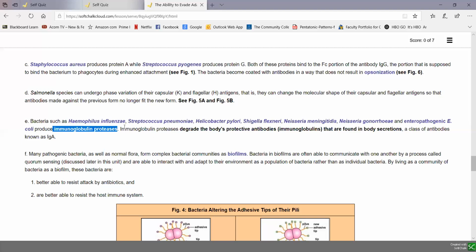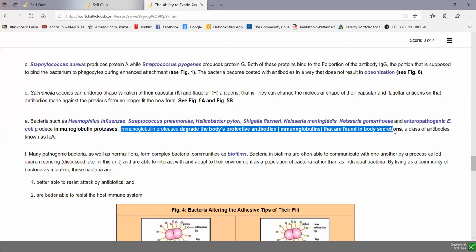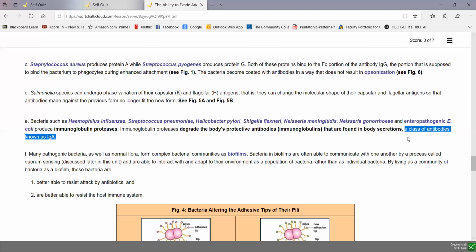So immunoglobulin proteases are able to degrade the body's protective antibodies or immunoglobulins, especially the ones found in body secretions. Now, the antibodies we make to protect our mucous membranes are primarily an antibody called IgA or immunoglobulin A. This is one that we send out into mucus to protect mucous membranes, and that's where these bacteria live.